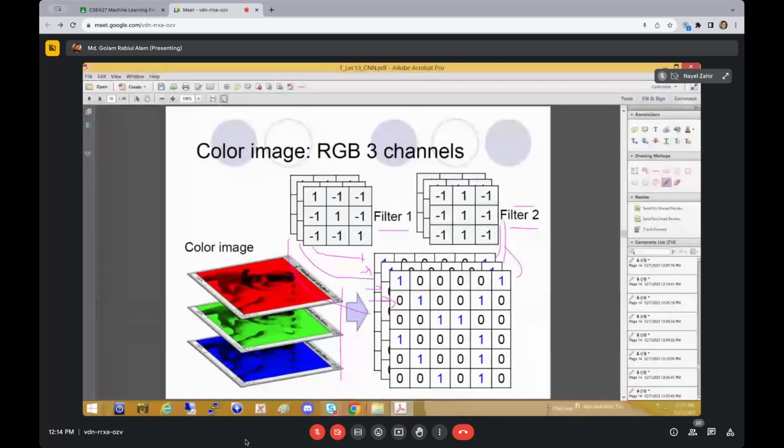So for a color image, where we usually have 3 channels, we have to apply filters to each and every channel.